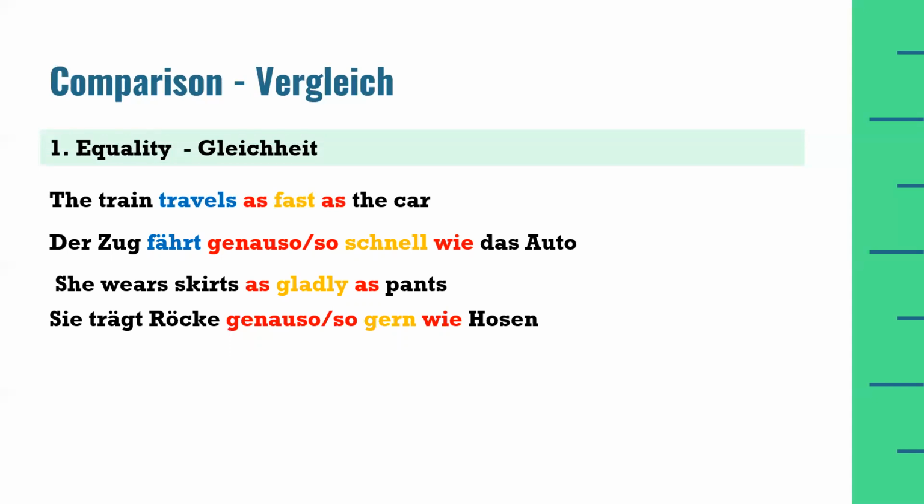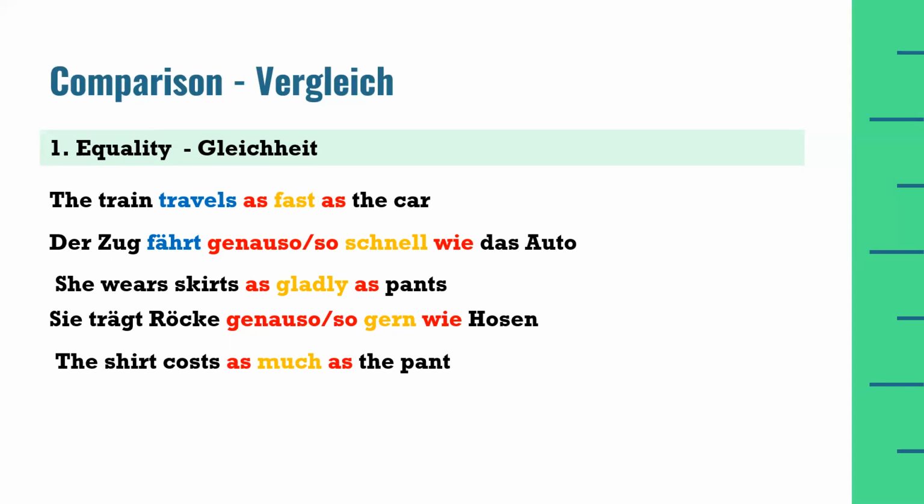Then comes skirts. Skirts in German is called "Röcke". It's a plural noun. Then comes the phrase "as gladly as". In German, its equivalent is either "genauso gern wie" or "so gern wie". And then comes pants, which means "Hosen".